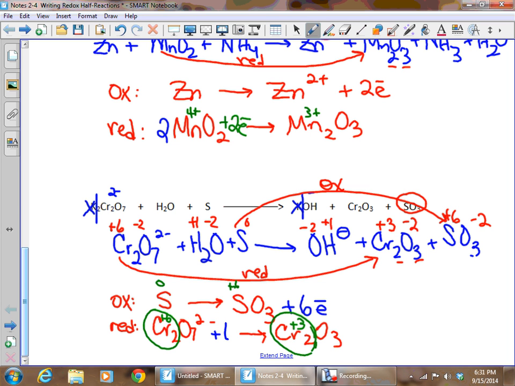So we need 6 electrons here to balance that out. And when we do, we end up with an equivalent charge on both sides, from a +12 on this side total, as we talked about. With those 6 electrons added in, it's going to equal +6, just like the right-hand side does.